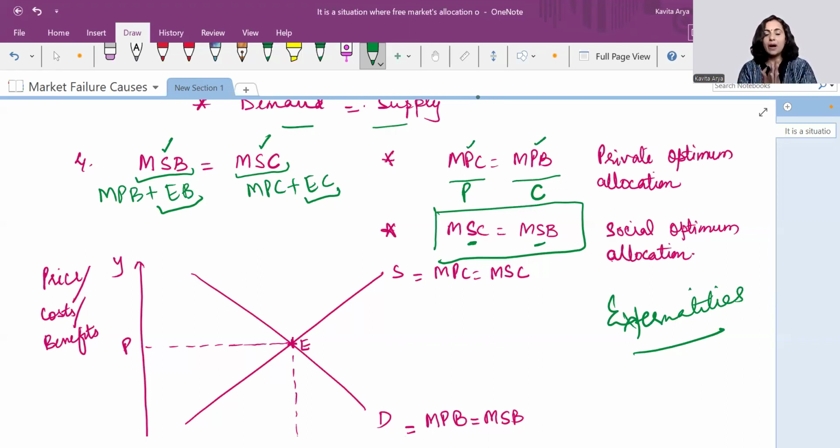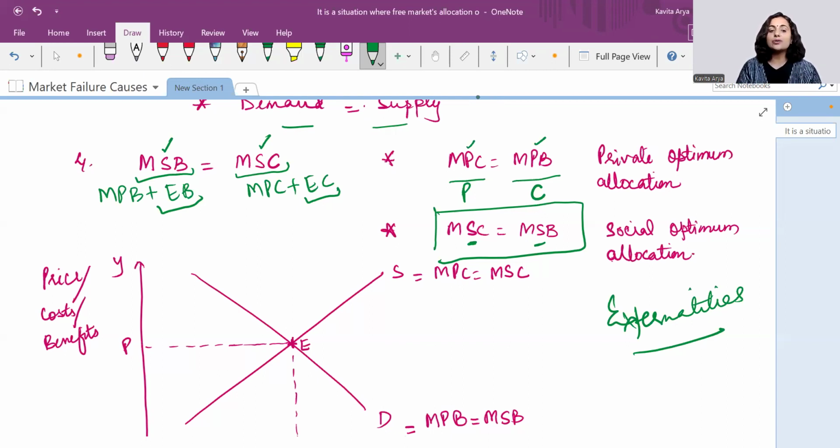Try and understand. Marginal social benefit and social cost is a comprehensive term over and above the private, which takes into consideration not only the person involved, but along with that, the external environment as well. Right.